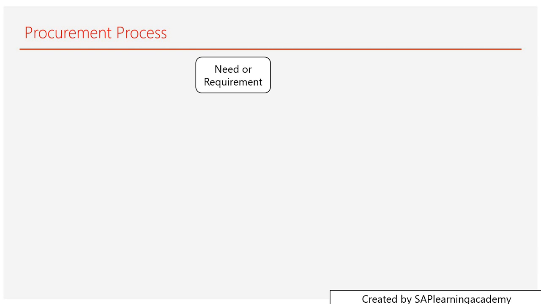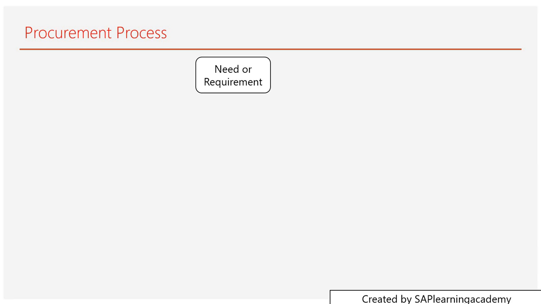And if I talk about the SAP system particularly, or any other ERP solution, here if you have set the MRP of the material, then it will automatically create a purchase requisition to the department.